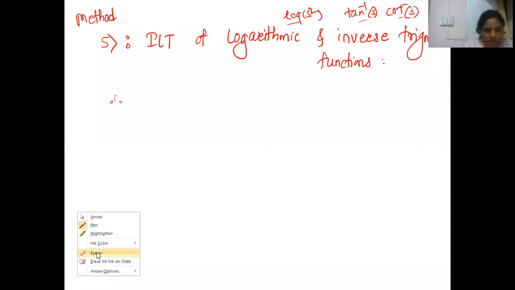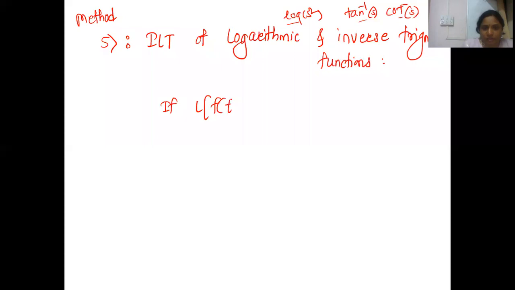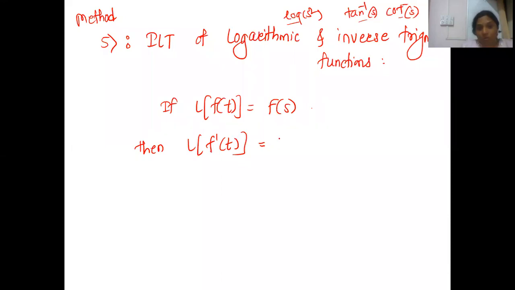Before we go to inverse Laplace, you just tell me the statement of derivative of Laplace transform. I'll write it here. If Laplace of f of t is f of s, then Laplace of f dash of t, the derivative of the function. What is that? No, that is multiplication by t. On the other hand side, you are taking derivative.